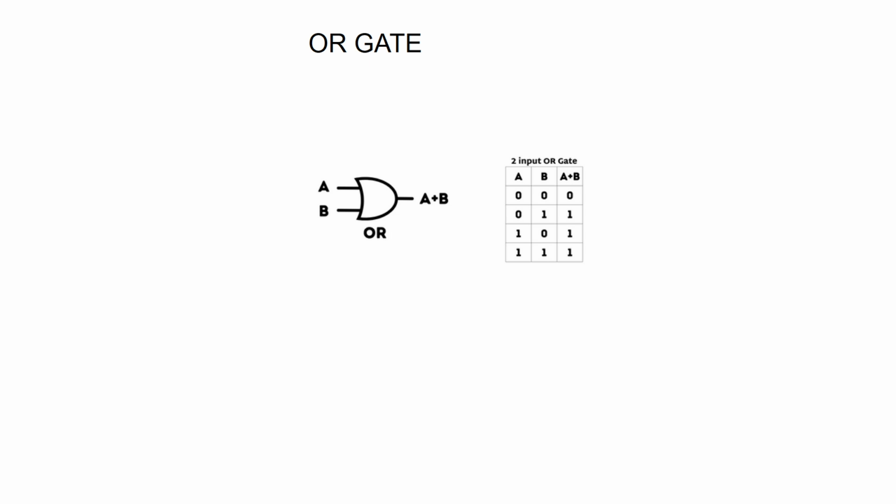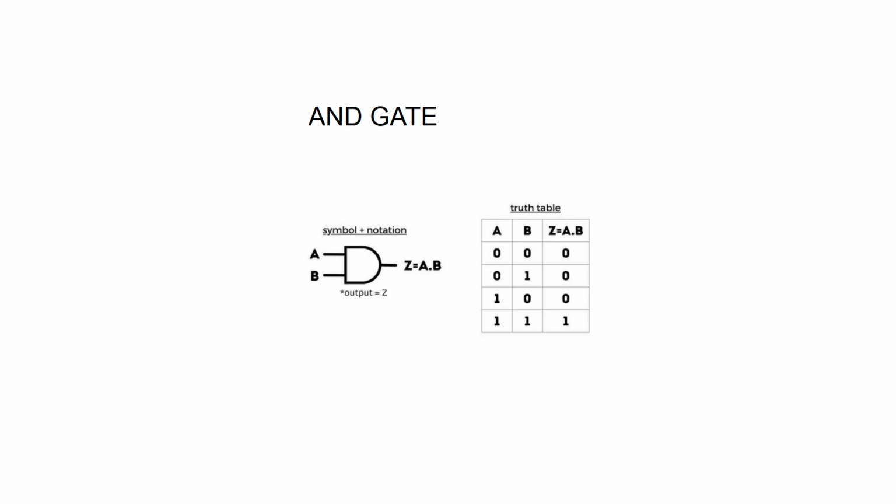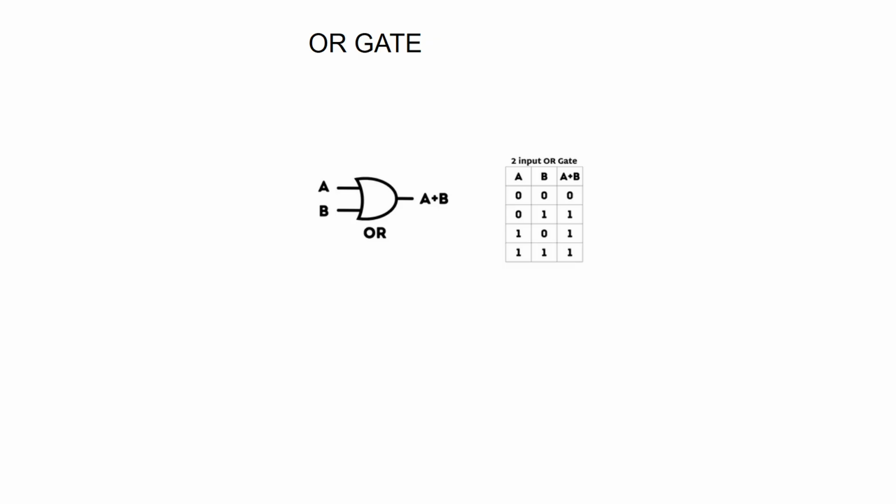And the final logic gate we have is the OR gate. This OR gate kind of looks like an AND gate, the D part, but it's curved inwards, and also with multiple inputs. All of these have just one output.